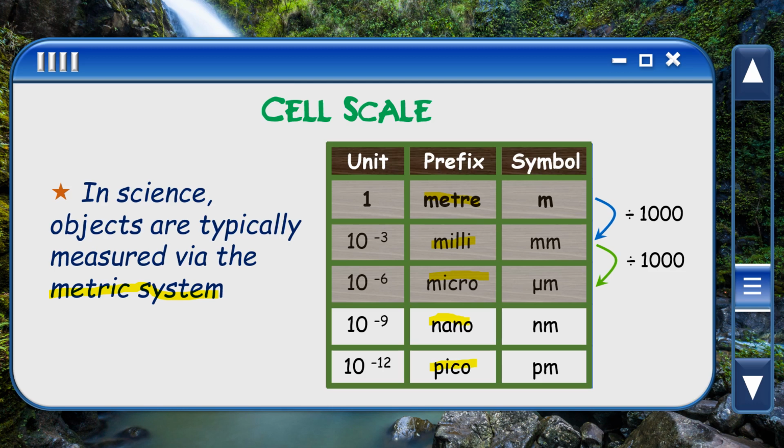If you divide a micrometer by 1000, you get a nanometer, which is 10 to the power negative 9. And from a nanometer, we divide by 1000 and get a picometer, which is 10 to the power negative 12. So those are our scales.